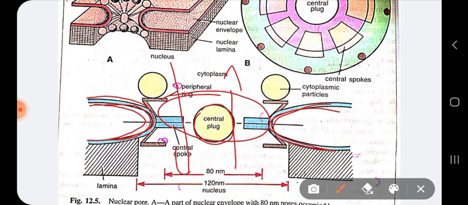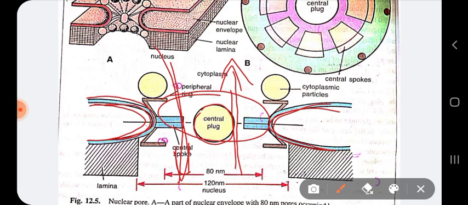Ions, nucleotides, structural, catalytic, and regulatory proteins are imported from the cytosol to the nucleus. The mRNA, tRNA, and ribosome subunits are exported out from the nucleus to the cytosol.